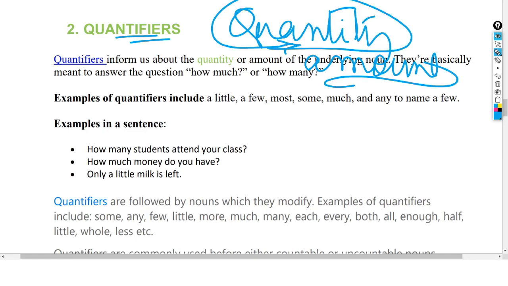Therefore, these quantifiers are those determiners which tell about the amount, number, or quantity of a noun.